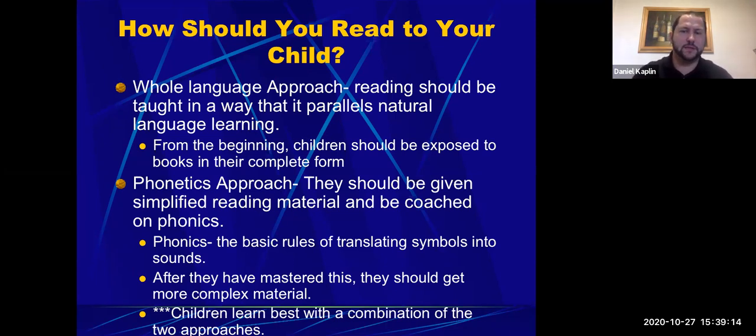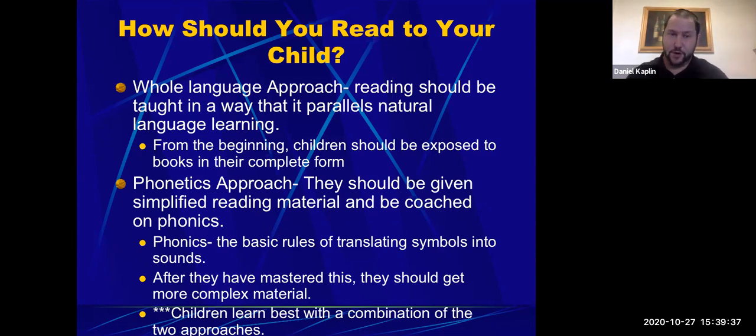So they're being exposed to books in their complete form. Now, if you read a bedtime story, the whole language approach would suggest that you have to read the whole story. Don't stop or read a page from it. Read the whole story because it allows them to understand a logical progression.